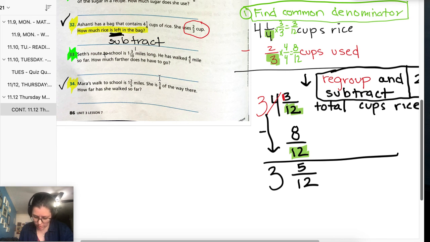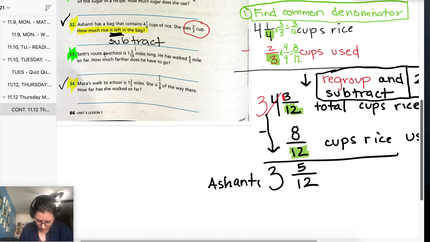And then she subtracted the amount of cups of rice that were used. And so our answer, 3 and 5/12, I'm going to write my answer as a sentence. Ashanti used 3 and 5/12 cups rice.